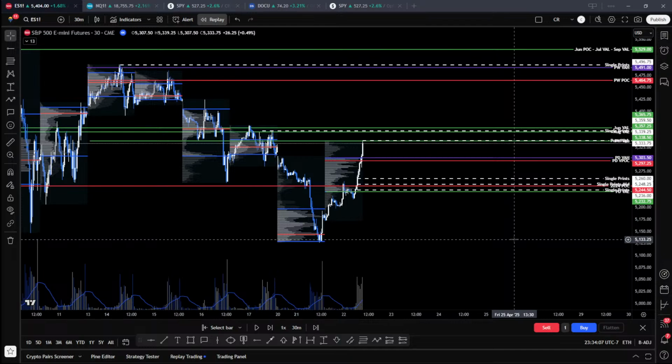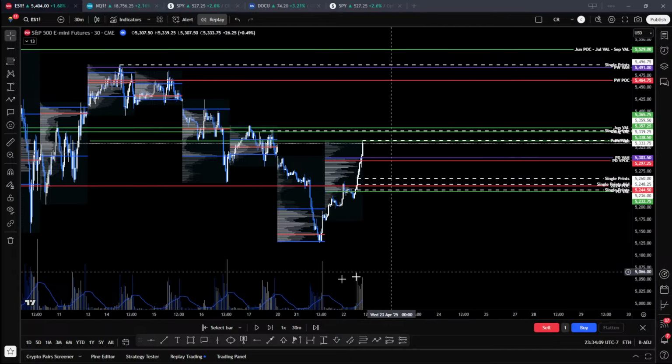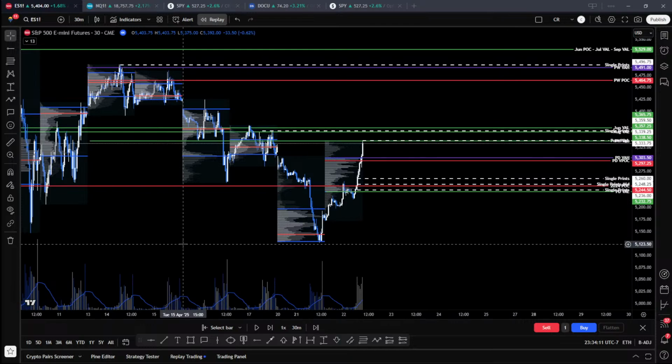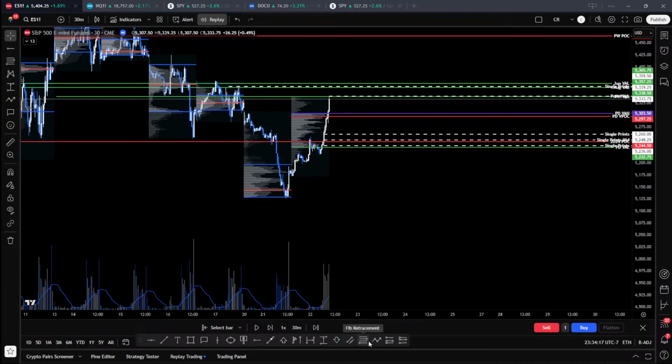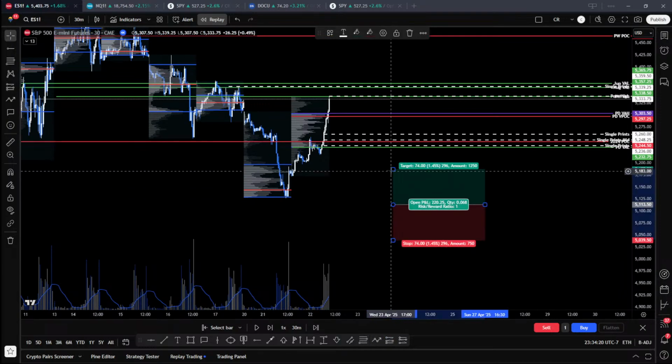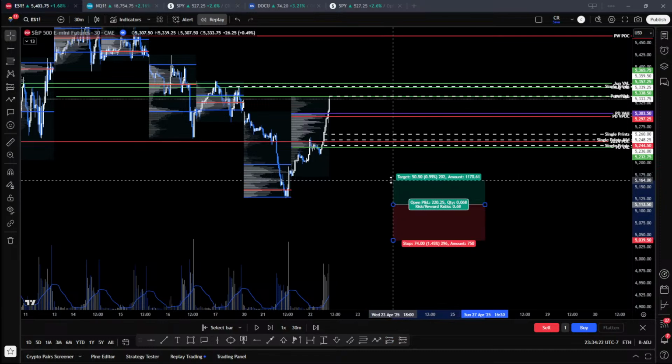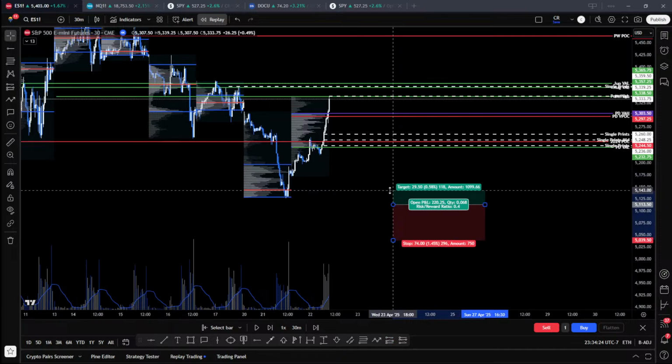To answer your question better, on ES I would be looking for a minimum of 5 points, probably, and I would consider that a scalp. As long as I see a setup where I can... I don't even see the amount.